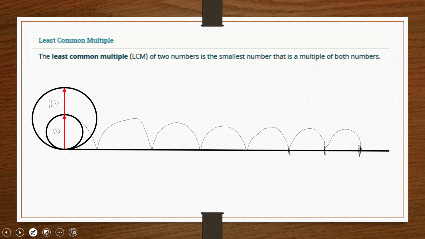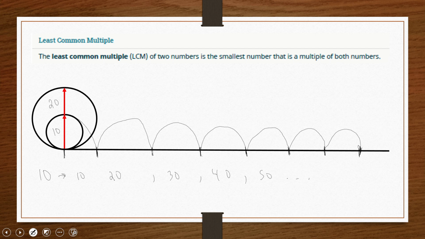Each one of these distances is a multiple of 10 from the starting position. So the very first would be 10 units long, the second would be 20, the third being 30, 40, 50, and so on and so forth.